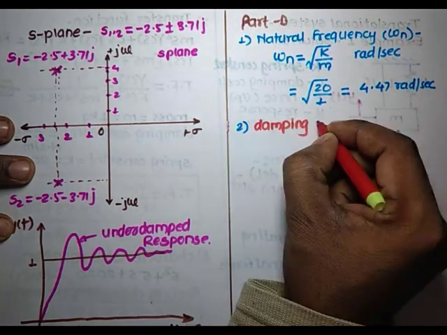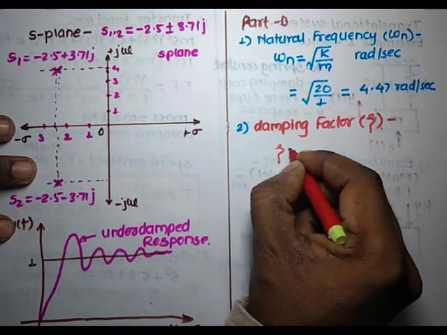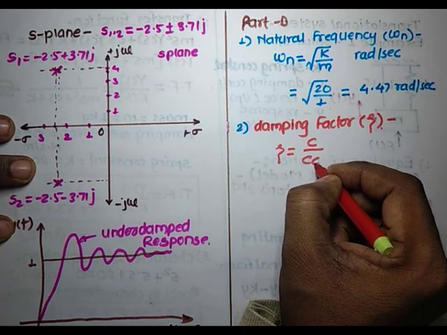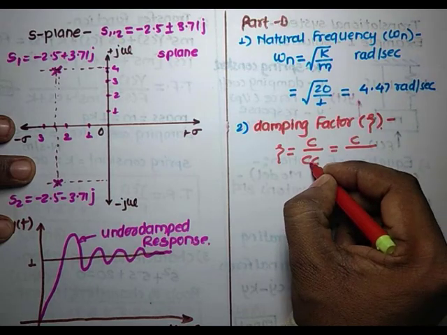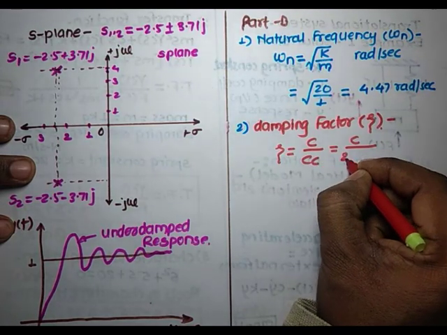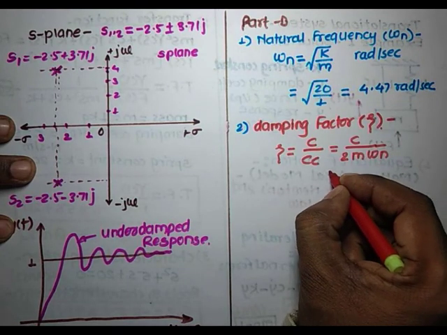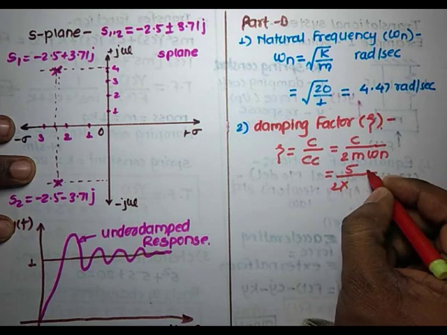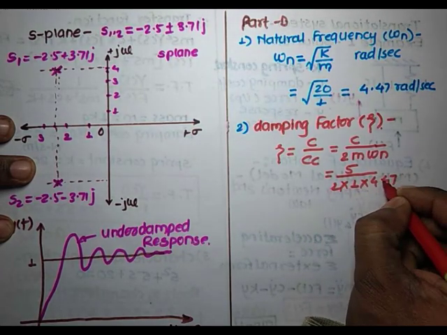Second, we have to determine the damping factor. The damping factor zeta, by definition, is C upon Cc, where C is the damping coefficient and Cc is the critical damping coefficient. We can write the critical damping coefficient as 2m omega n. So we know that C is 5, 2 into m is 1, into natural frequency 4.47.